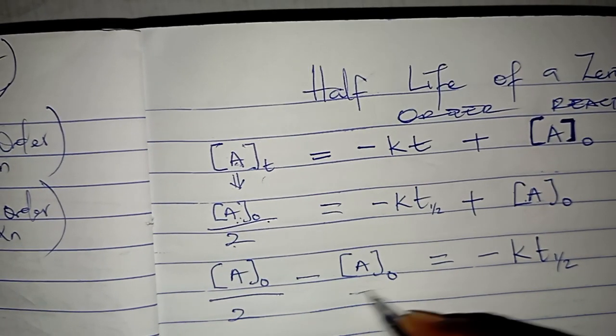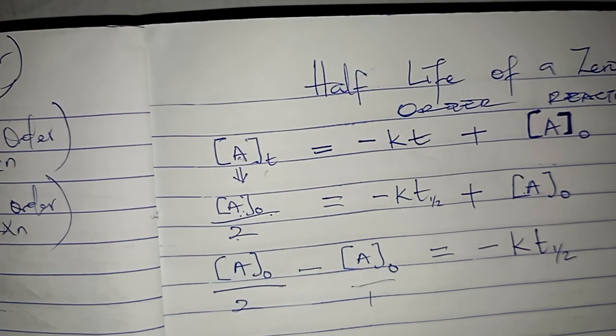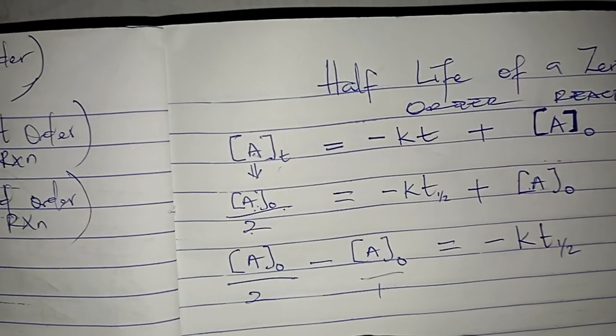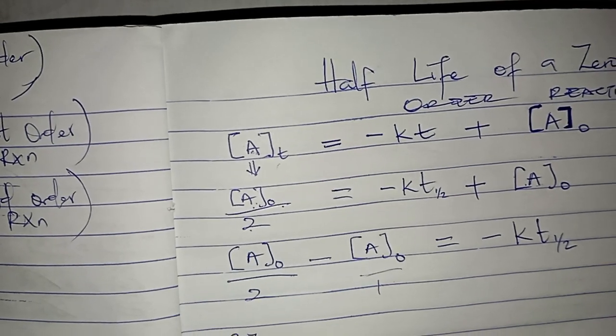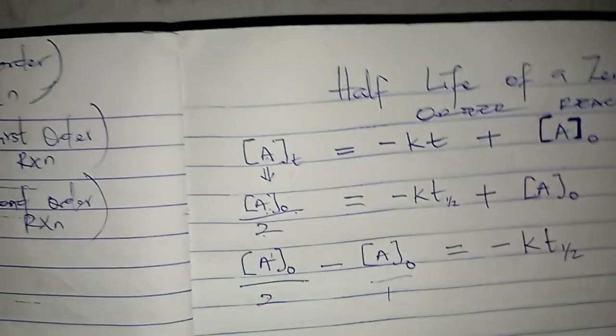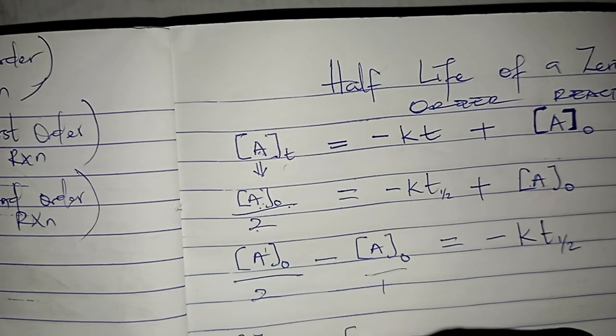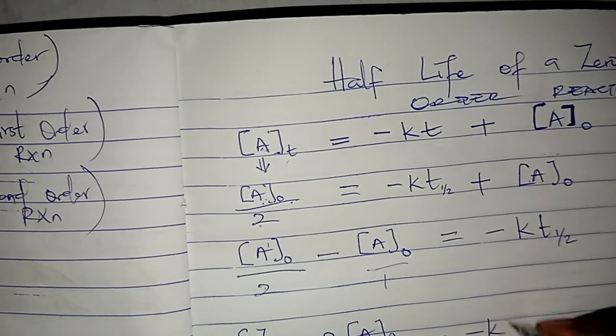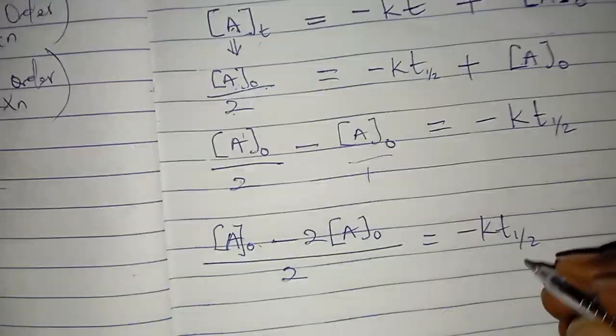Anything standing in this way is on this one, so over 1. So I have 2 times the initial concentration, 2 into this is 1, so times this, bring it down. So 2 initial concentration goes to minus KT half.